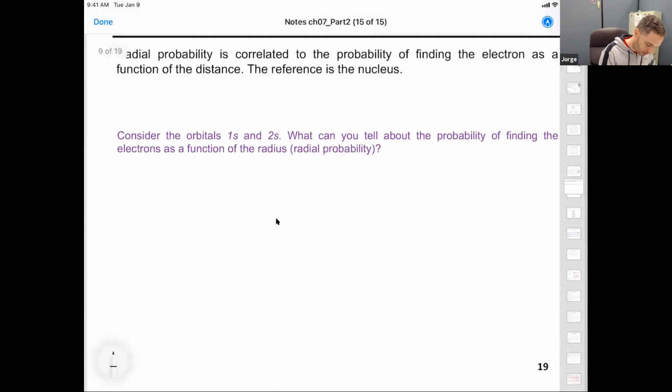To find the probability, which I'm going to represent by P, that's going to be equal to the radial wave function squared. The square here is important in order to eliminate negative values, times the derivative of the volume of a sphere. So we want to find the probability per unit of volume.